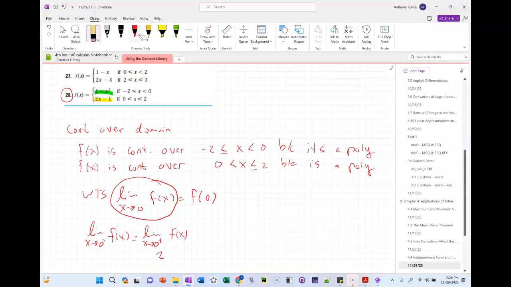Oh, I'm sorry, that's not. This should be 4, and this should be -1. Is that okay? So we don't have continuity here.